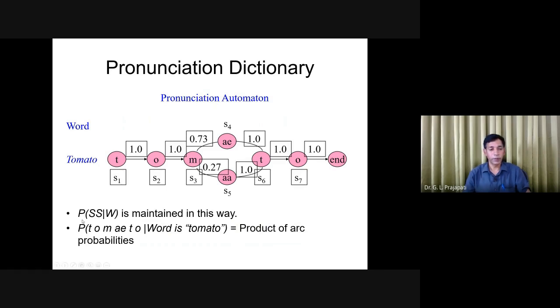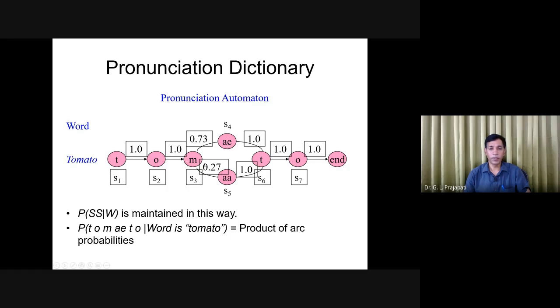This is just one example. What is the probability of the signal given the particular words? Take tomato. How can you pronounce tomato?